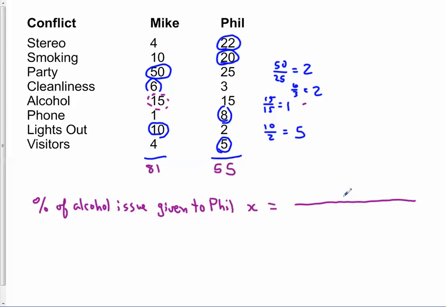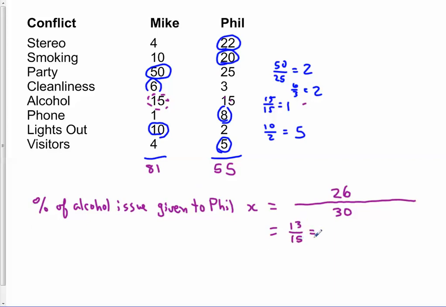All right, so on the top goes the difference between the 2 points, which is 26, I think. 81 minus 55 is 26. And on the bottom is these two numbers added together, 15 and 15, so 30. So 26 thirtieths. 26 thirtieths is also reduced to 13 fifteenths.